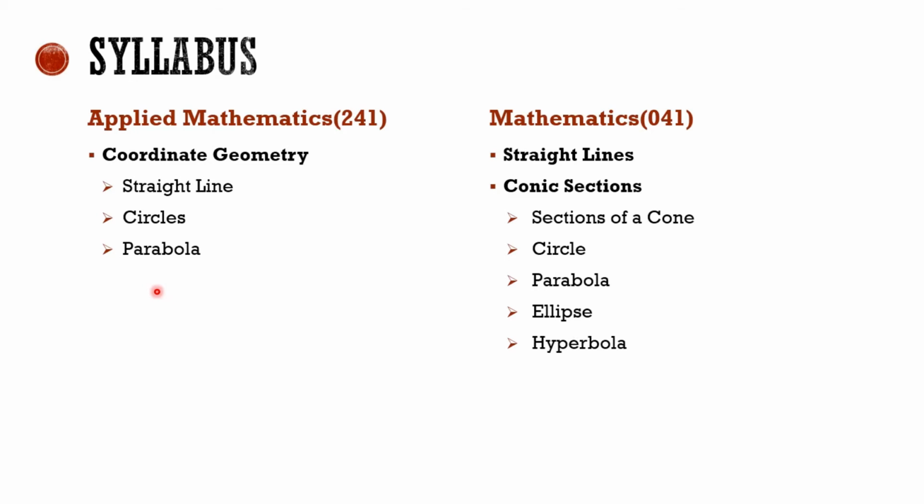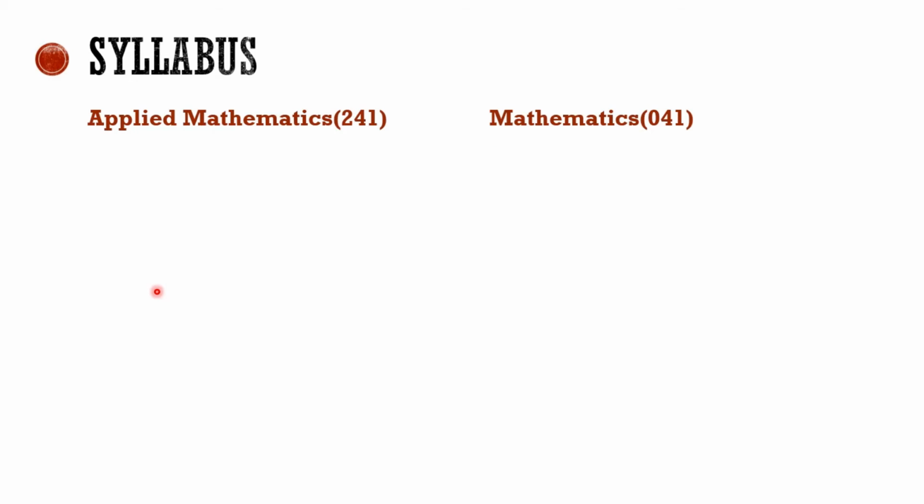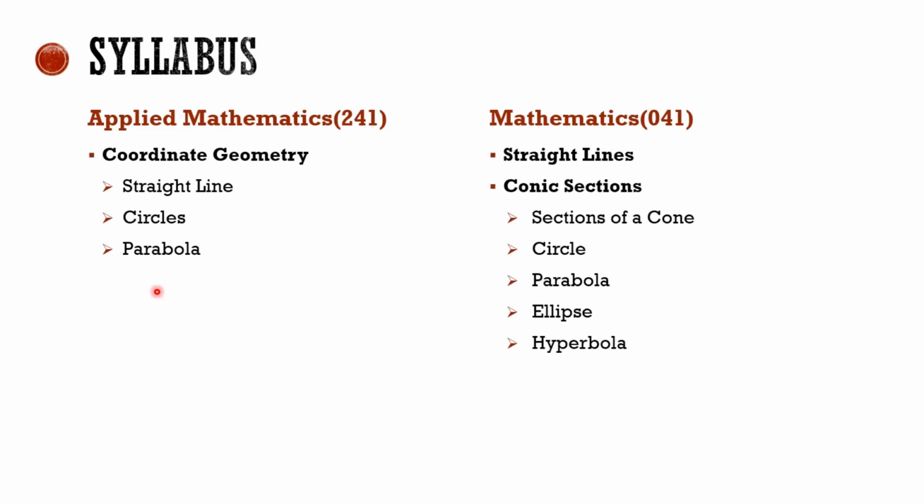Ellipse and hyperbola are also common. Here in coordinate geometry, only straight lines, circles and parabola basic concept is given, but in mathematics detail is given. Straight line is one chapter and then the remaining are given as part of conic sections.